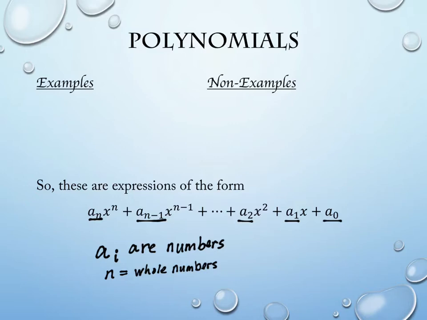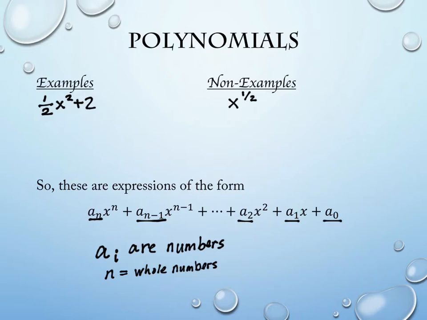So I'd like to give you some examples and some non-examples because I think that's actually a little bit easier to look at than the general description at the bottom there. So we can have fractions like 1/2 x squared plus 2. Okay, we can have fractions. That's cool. We can't have fractional exponents like x to the 1/2.